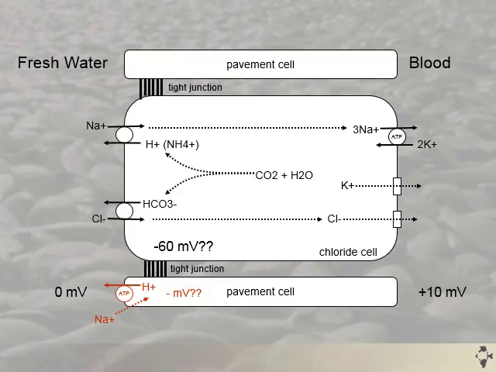So what this is doing is helping to maintain a concentration gradient needed to facilitate diffusion of sodium into the cell. So any sodium that comes into the chloride cell from fresh water is immediately exported into the blood, because we want to maintain very low concentrations of sodium in the chloride cell so that any sodium that's present on the freshwater side will passively diffuse in.